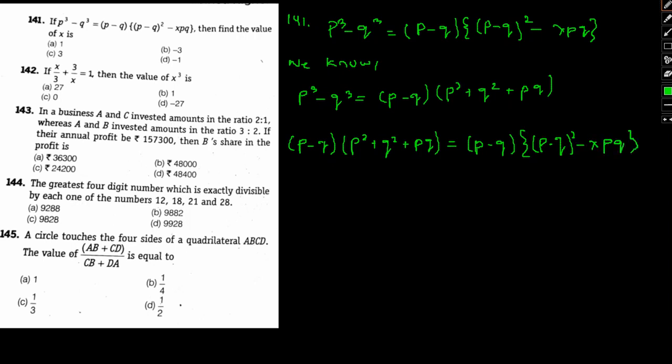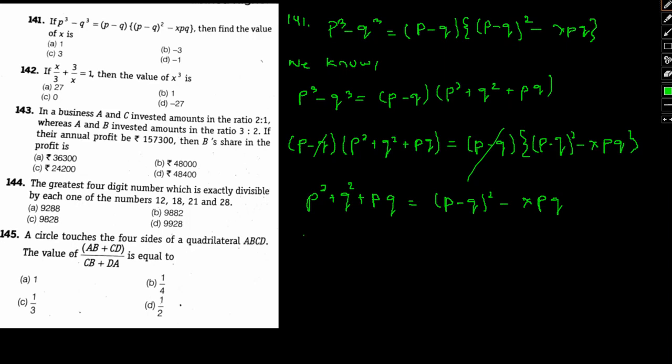Okay, so what we can actually do is simply cancel out these two terms. So these two terms get cancelled out. So what we have here is p square plus q square plus pq equals p minus q whole square minus x pq.